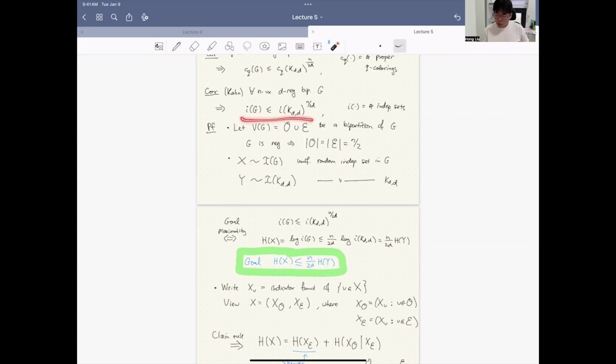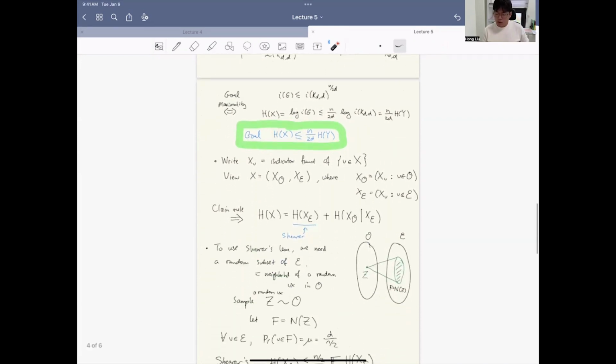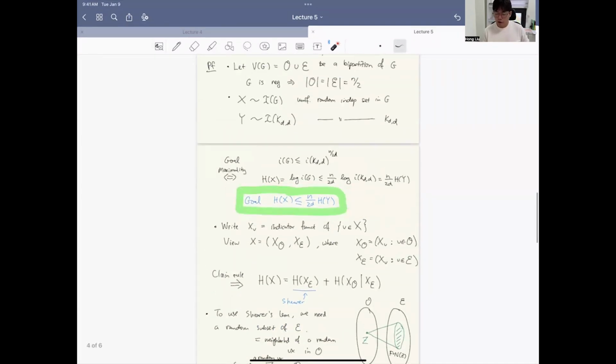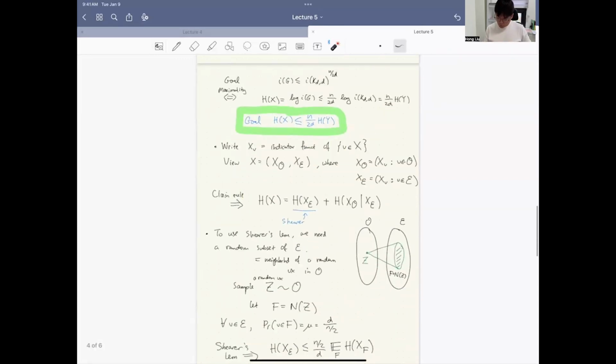Then this inequality is translated to this inequality about entropies of random independent sets, one sample from G, one sample from KDD. Now, for this entropy of X, write it as one projection on each side, odd side and even side. By chain rule, split them into two parts.